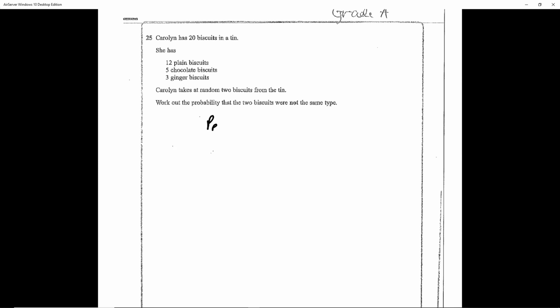Probability of plain, plain, or chocolate, chocolate, or ginger, ginger. So how do we change that wording from the same, which we understand easily, to not the same? You just get one and take 3.